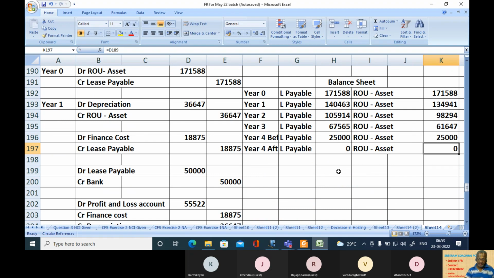This is balance sheet effect. So then profit and loss account.